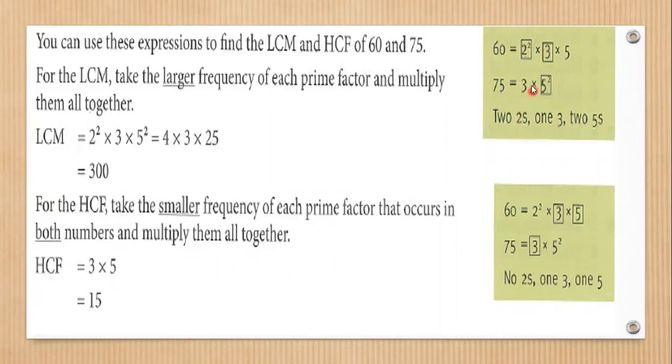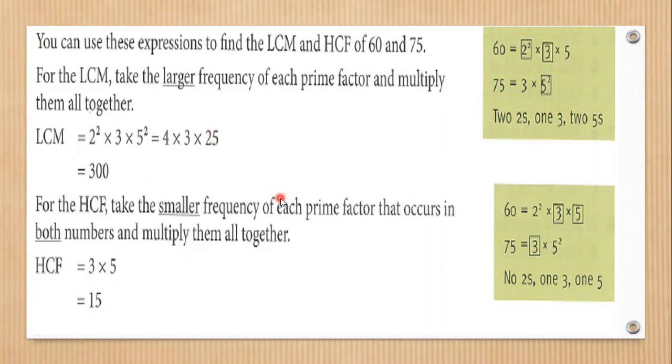Here is 3 and 3, so we write it only one time. Here is 5 squared and here is 5, we just take the bigger one. So I take 5 squared, and 3 just once, because both 3s are the same, so we take only one.